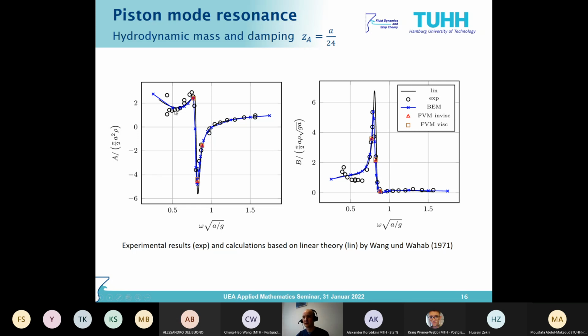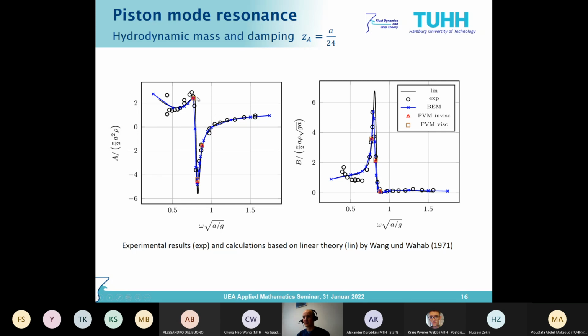Here now in black are the experimental values. The black line is based on linear potential theory, which was also published by the same authors as the experiments. And in blue, there is our method, the boundary element method.